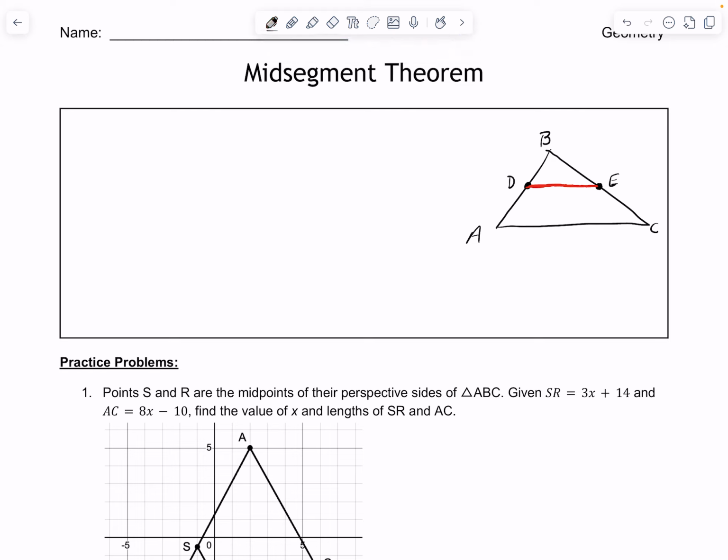All right, now, once you know the vocab of what a midsegment is, then we can move into what the triangle midsegment theorem actually states. So here's what it states.